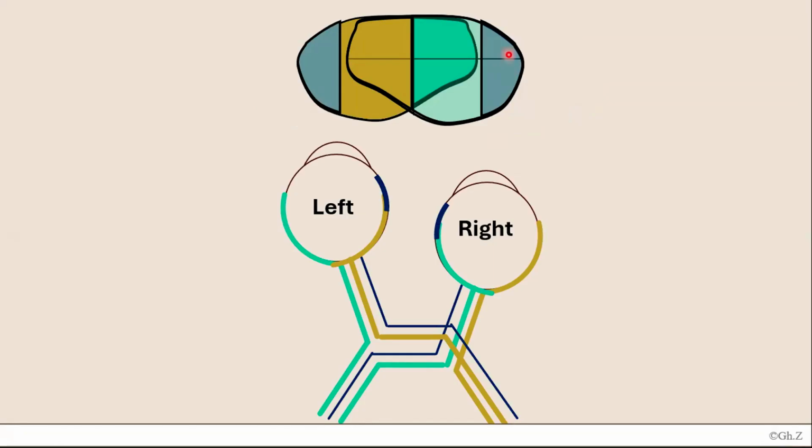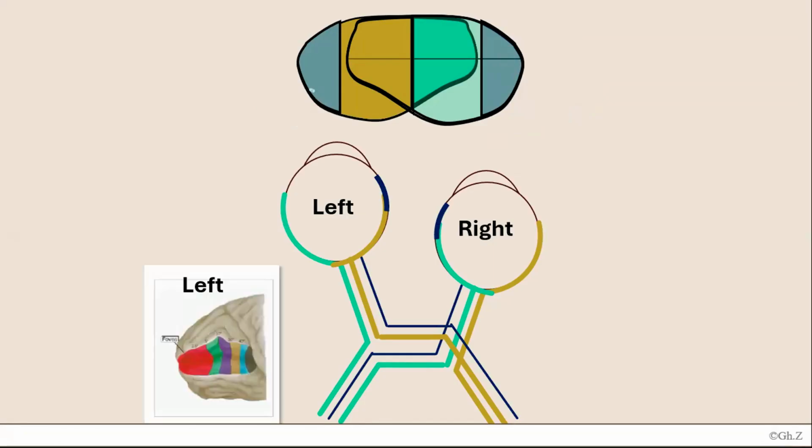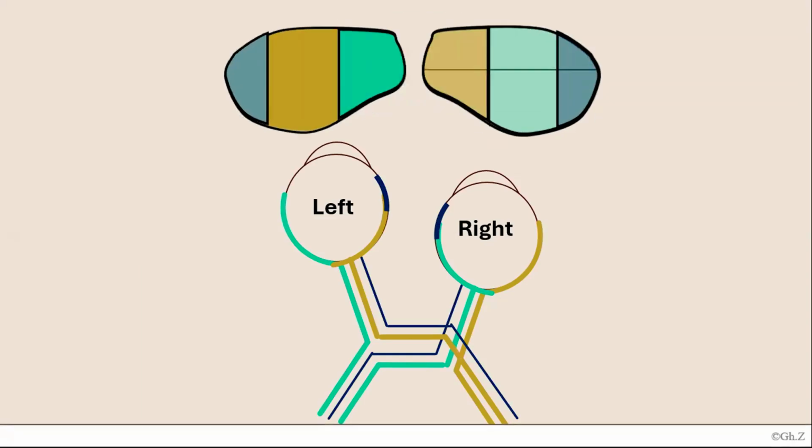So this part is actually served by the extreme nasal of the corresponding eye. This field is served by the extreme nasal of the corresponding eye. So the right temporal crescent is served by the extreme nasal part of the right eye. And also here, the left temporal crescent is served by the extreme nasal retina of the left eye.